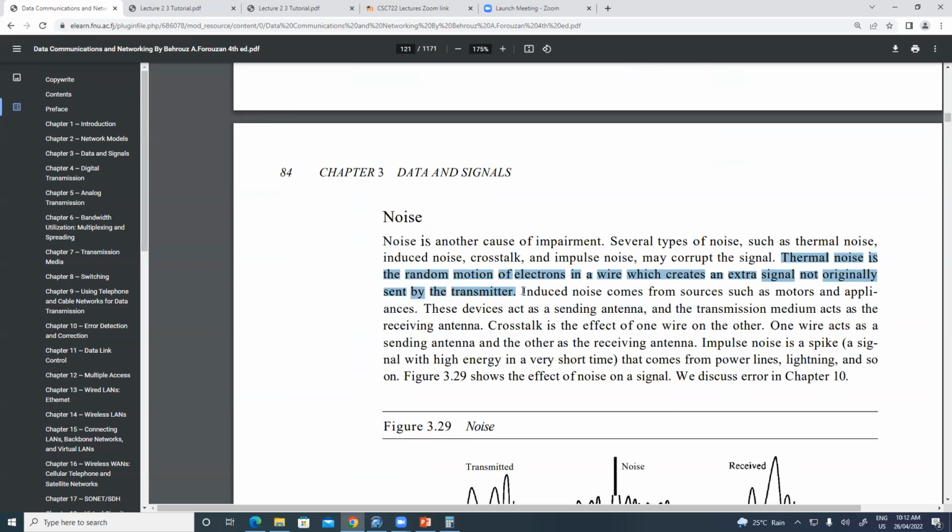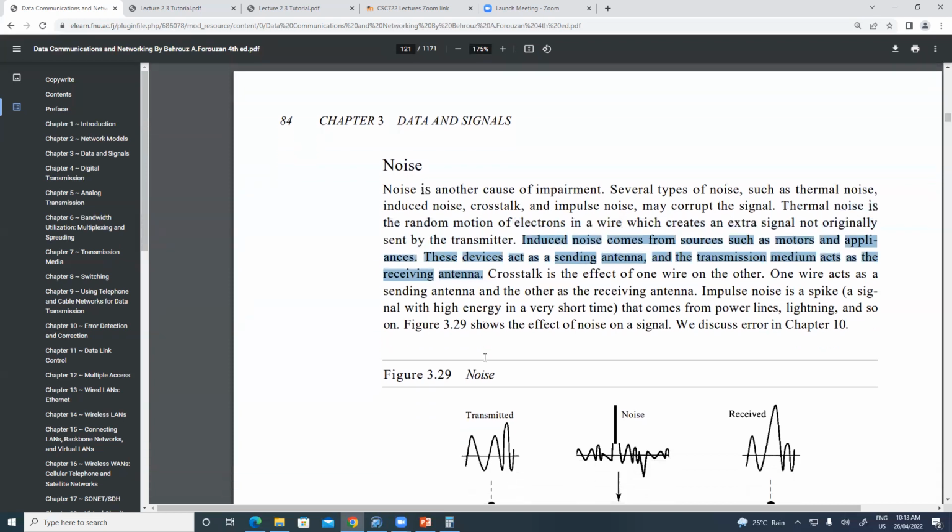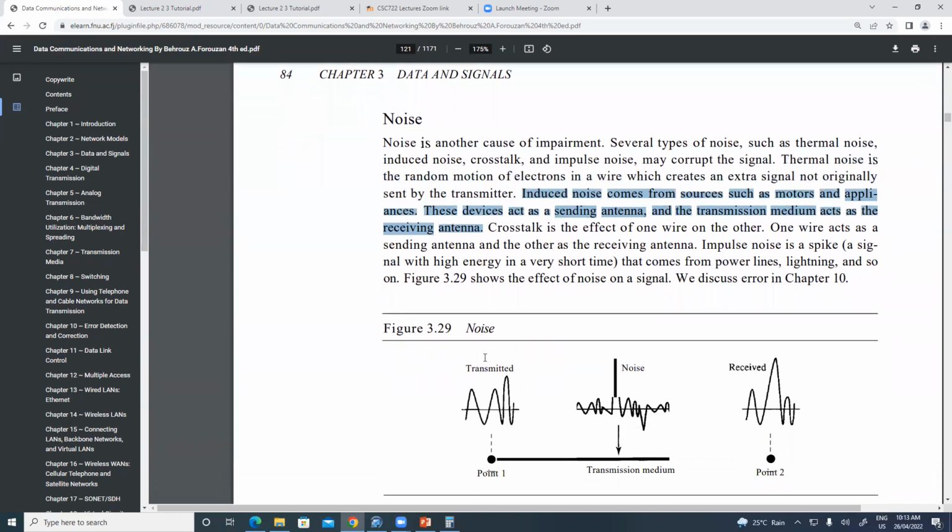Induced noise, it says, comes from sources such as motors and appliances. These devices act as a sending antenna and the transmission medium acts as a receiving antenna. That's explaining the induced noise. And then we have crosstalk. With crosstalk, we have seen the effect of one wire on the other.